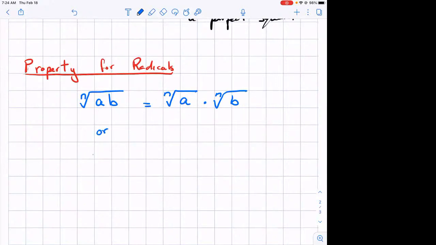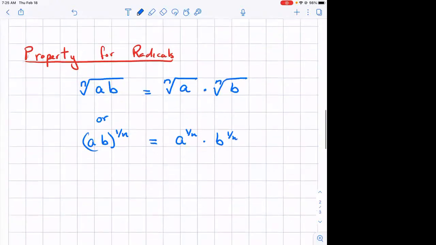If we have ab raised to the 1 over n power, this is the same as a raised to the 1 over n times b raised to the 1 over n. Because remember, all radicals can be written as some fractional power. So let's call this property 1.